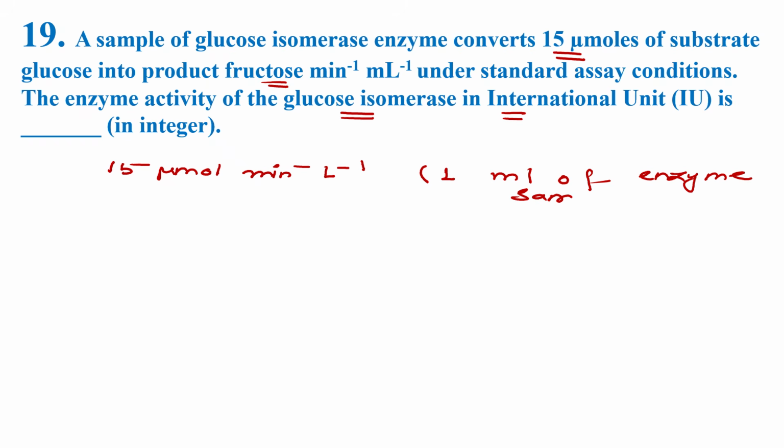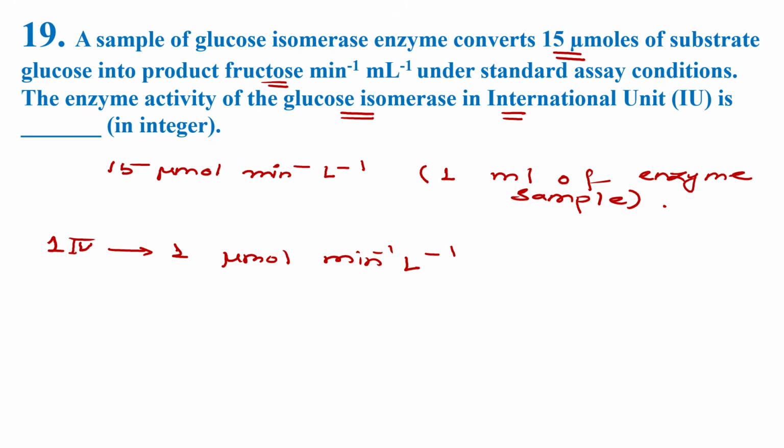So enzyme activity is, and we know that 1 IU is which converts 1 micromole per minute per liter under standard conditions.